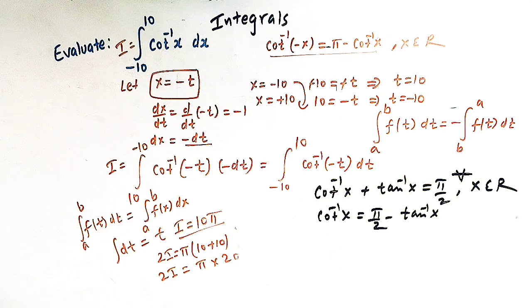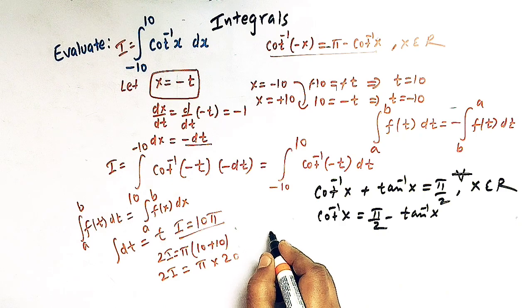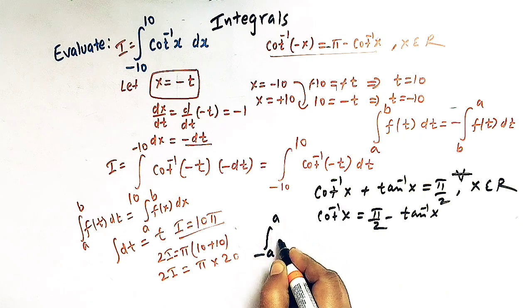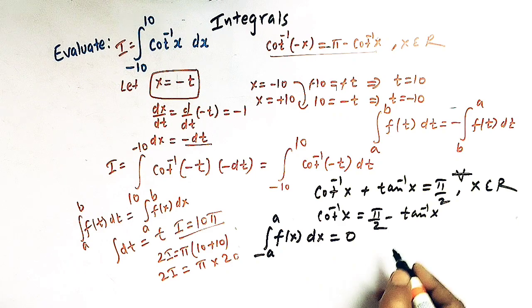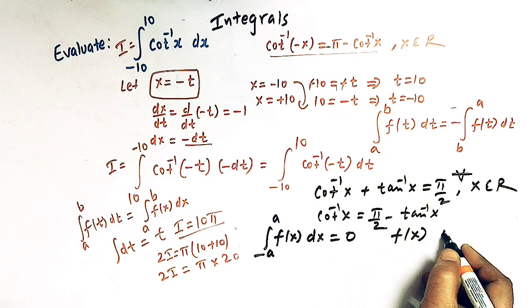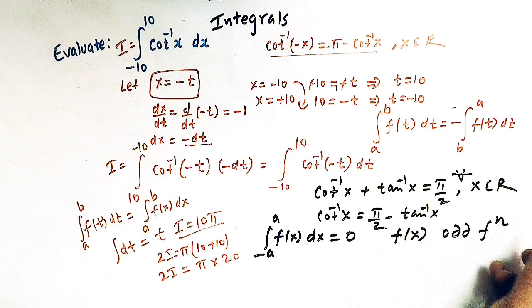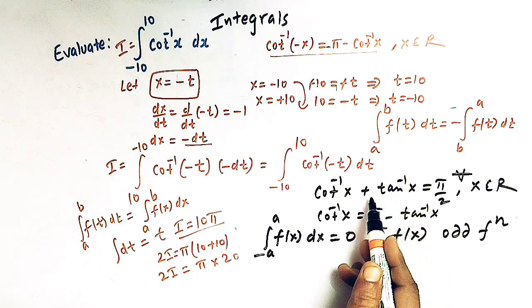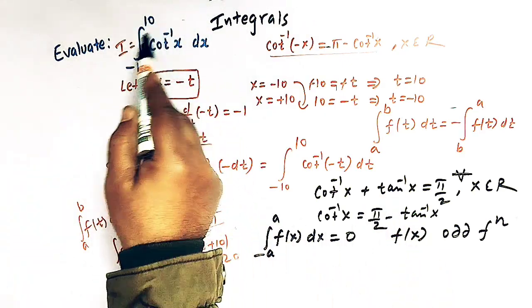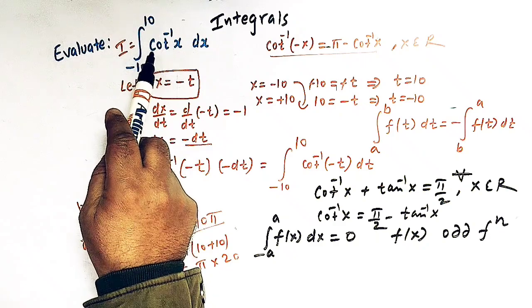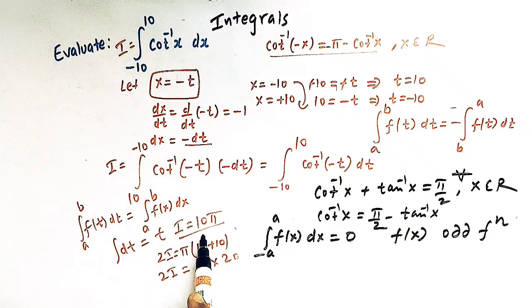And then applying the property of definite integrals, that is for odd functions, integral from minus a to a of f of x dx is equal to 0 if f of x is an odd function, right? So using these concepts, we can also arrive at the value of this integral as 10 pi.